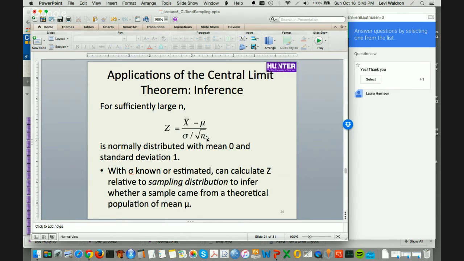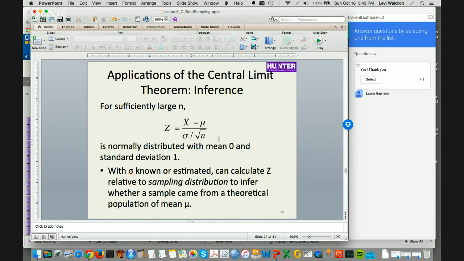So this equation, z equals x bar minus mu over the standard error, is a z statistic for a given sample. The central limit theorem tells us that the sampling distribution for a sample from a population of mean mu and standard deviation sigma is centered at mu and has a standard error sigma over the square root of n. Then if we draw a sample of that size and observe a mean of x bar, we can calculate a z-score for that one sample.